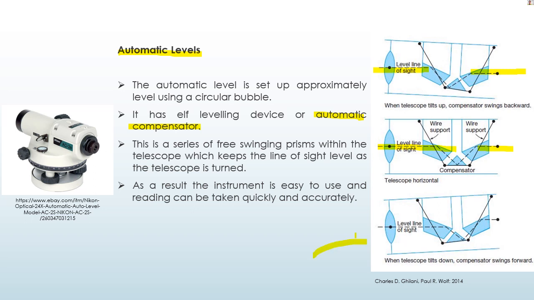So you see that if your telescope is not completely horizontal, the line of sight is still adjusted due to the automatic compensator to make a horizontal line here and give you the accurate result.